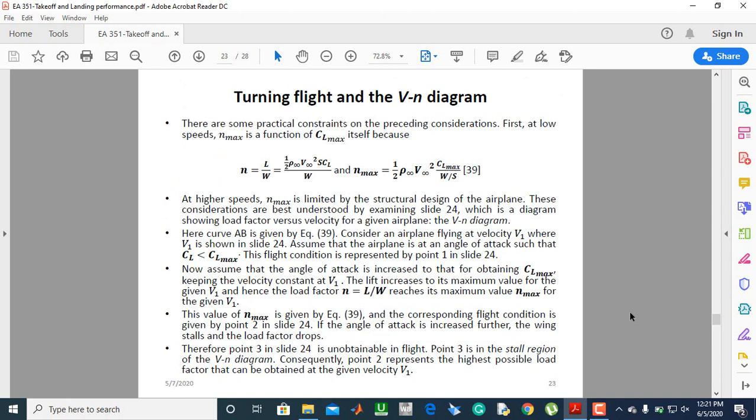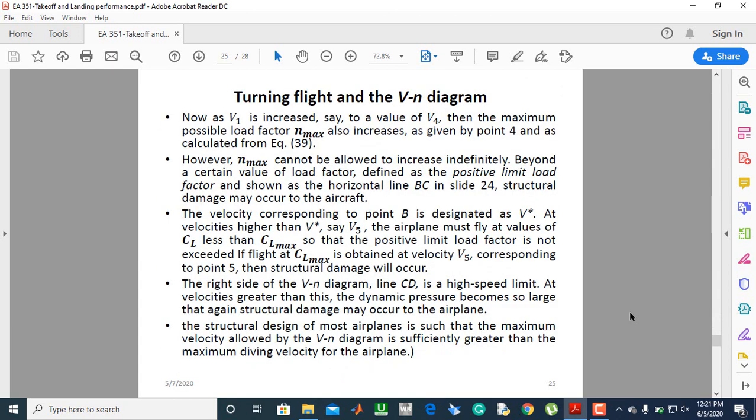Look at this equation 39. It has a velocity component. So if you increase the velocity, even the maximum load factor will have to increase accordingly. All right?